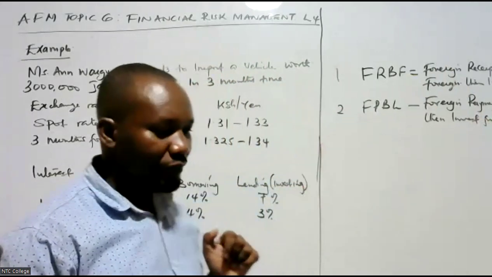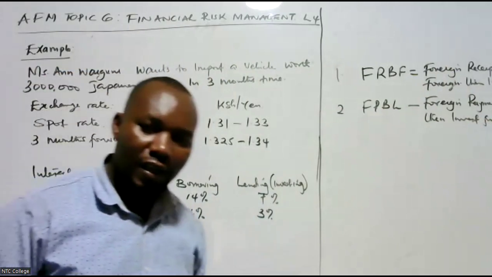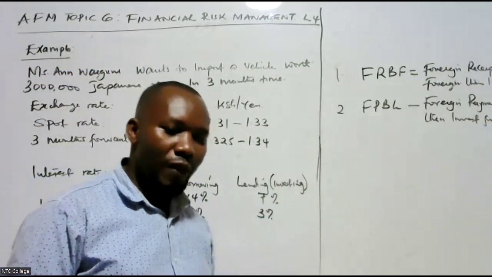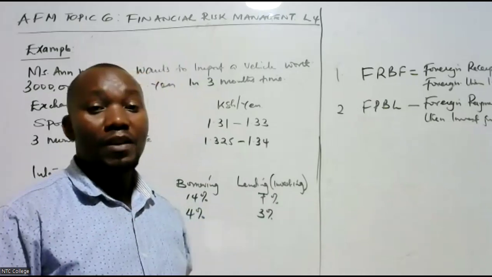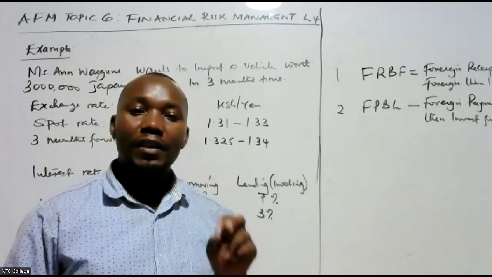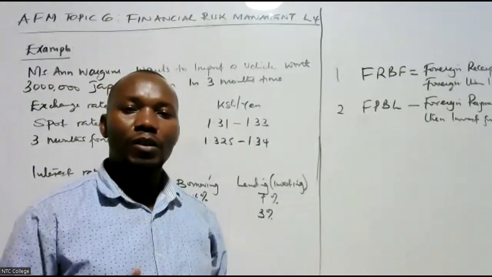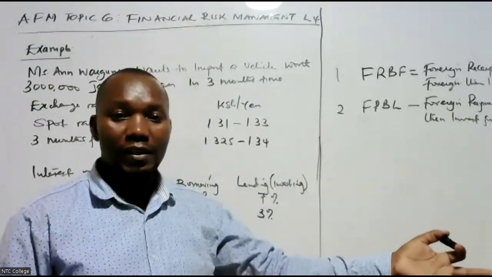What we mean is, we are looking at different ways of hedging against risk in business. And we say that risk occurs when there is exchange of currencies from one to another. For you to exchange currencies, that means you are trading with more than one currency. Probably you are doing business with somebody from a different country. That is why you have to change the currency.